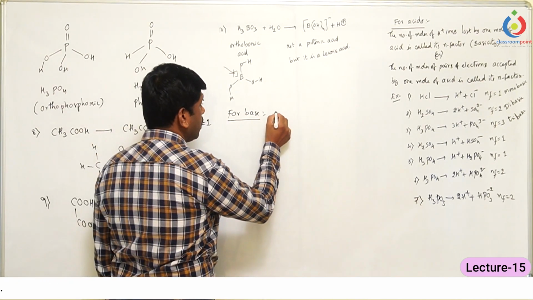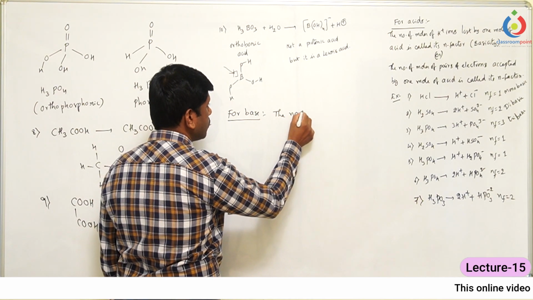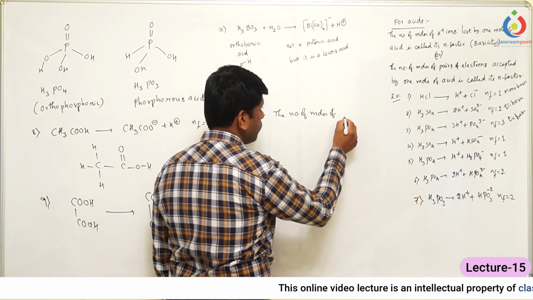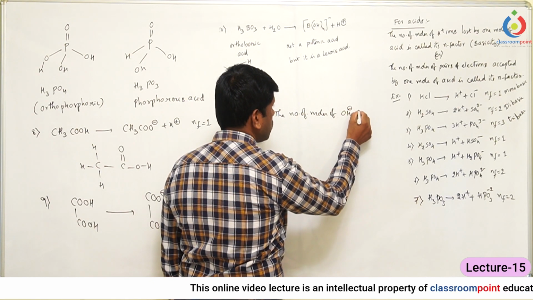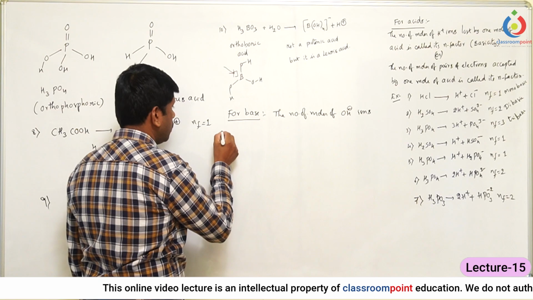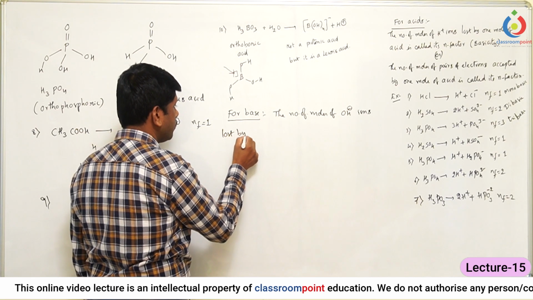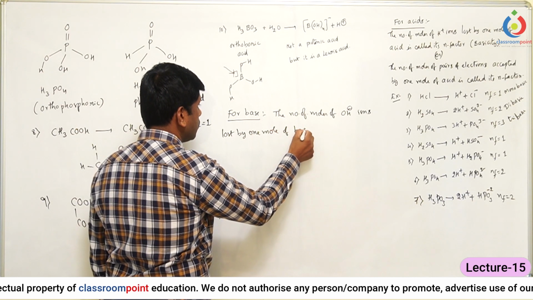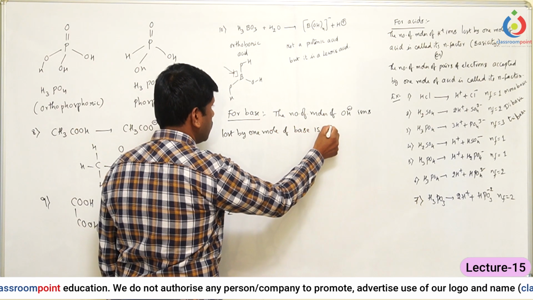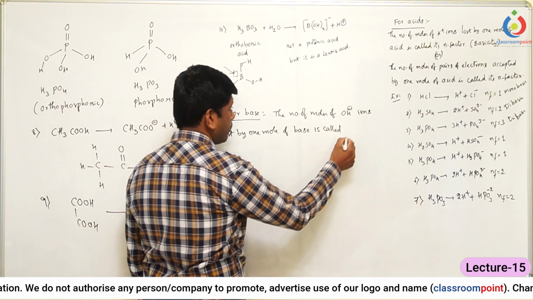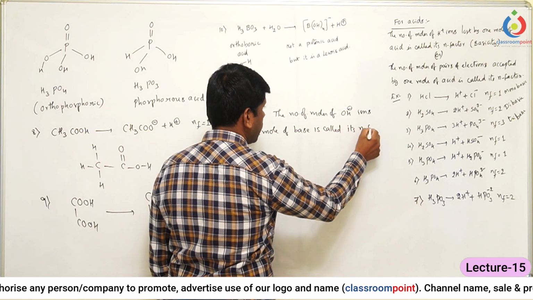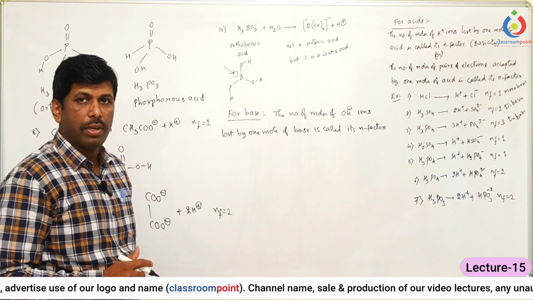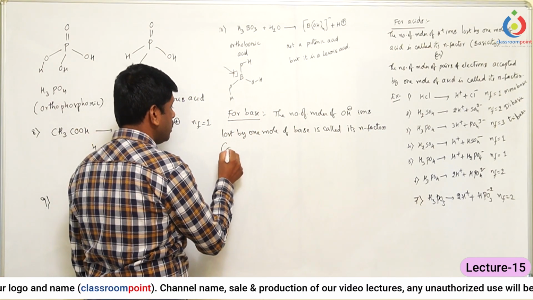So here, the number of moles of OH minus ions lost by 1 mole of base is called its N factor. In case of the bases, the N factor is also known as the acidity of the base.